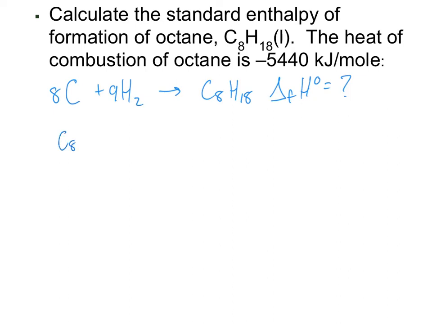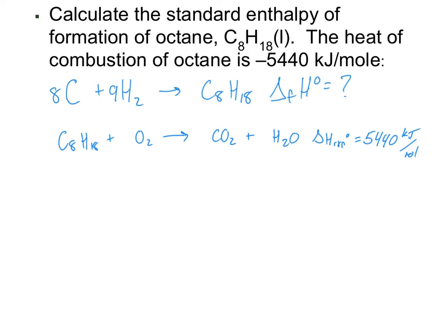And so when octane combusts in a reaction with oxygen, remember that all combustion reactions produce carbon dioxide and water, and we're given the delta H of reaction for this of 5,440 kilojoules per mole of glucose. And so now we do need to balance our reaction.